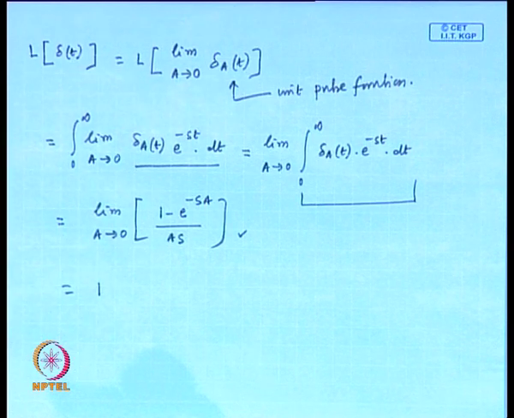Can you give any example of this unit impulse function? We can continue the same example. Say we have one steam valve. Can we give the example of this impulse function?